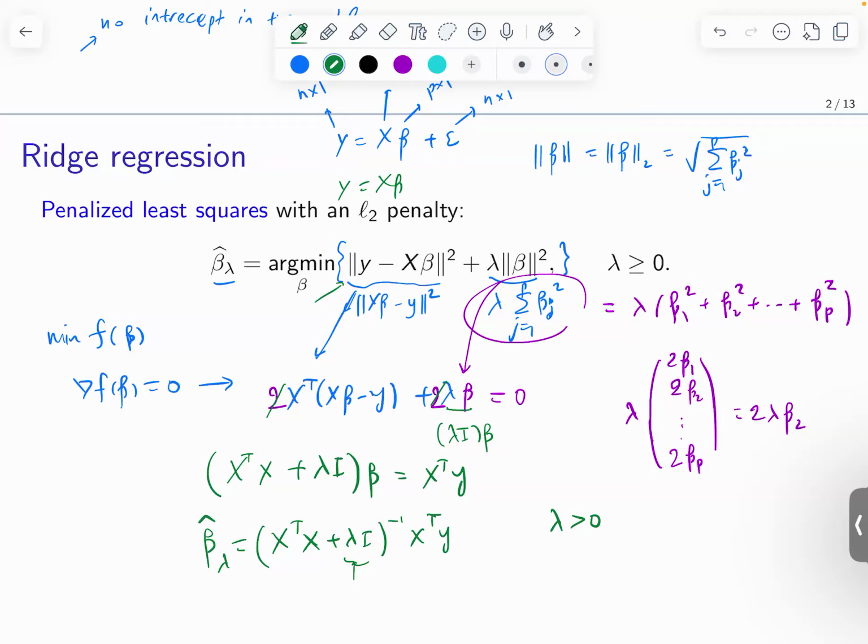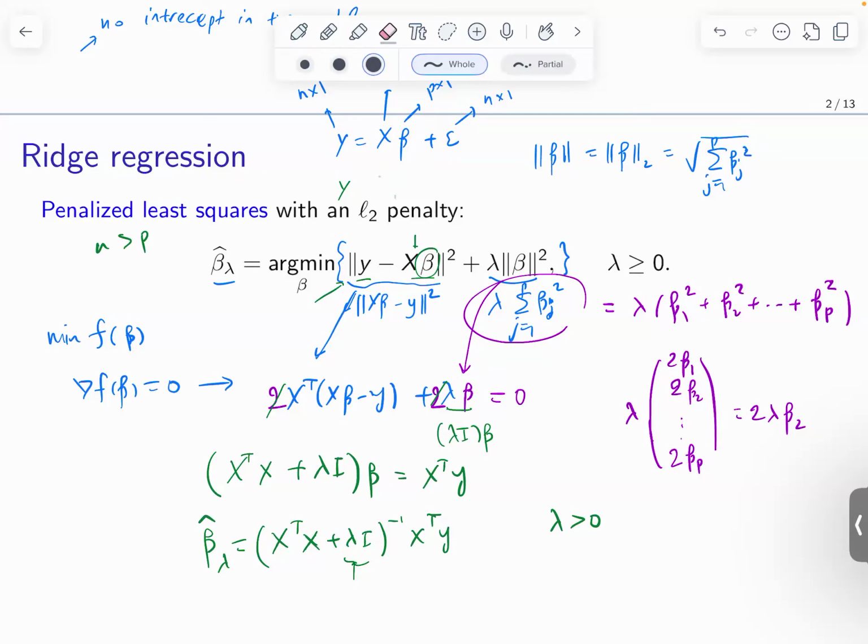This is an optimization problem: you have a y, you have an X, and beta is an optimization variable. As I vary it, there might be some betas that cause y to equal X beta, but that generally doesn't happen if n is bigger than p, unless y is in the image of X.